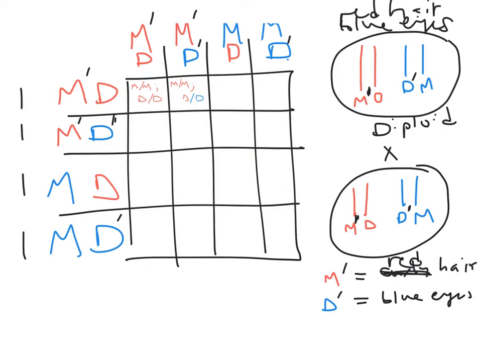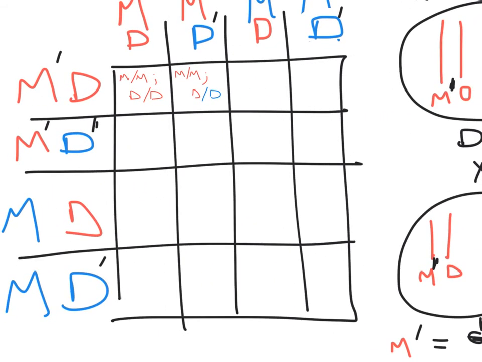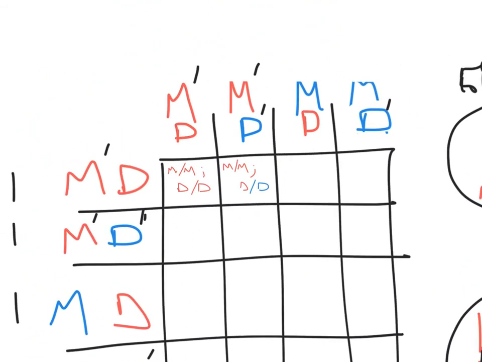Let's work it out. Unless they have both recessive genes, then it wouldn't show up. So let's do it the easy way. Let's fill in the upper left quadrant. Let's actually fill in all of the genotypes.